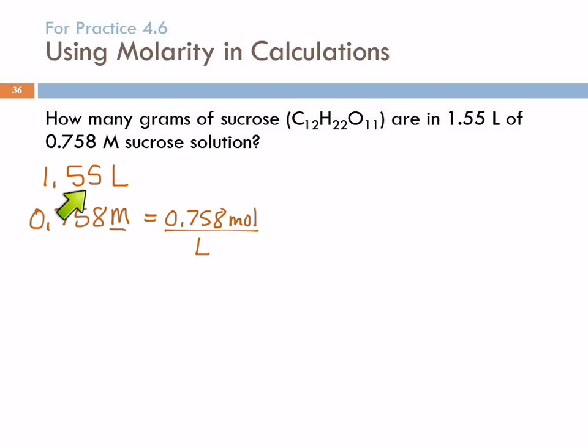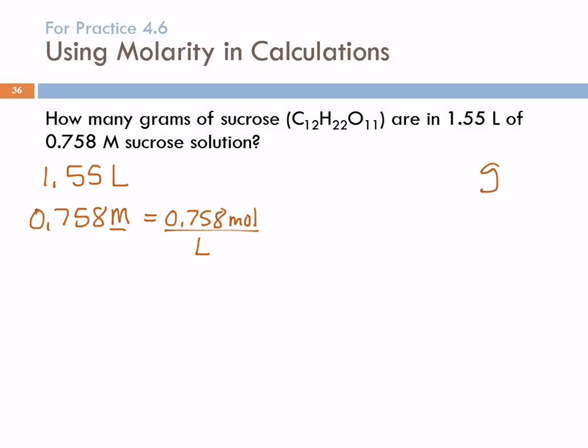This volume, that's not a conversion factor. We're trying to find grams of sucrose. So we're trying to find grams. And I'm approaching this just as a dimensional analysis problem. We have to figure out which one of these to start with and then make a path to get from that over to grams.